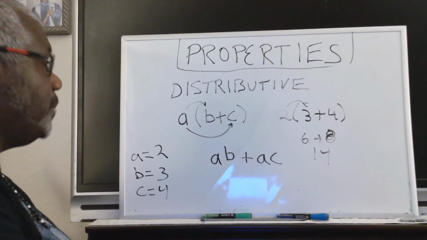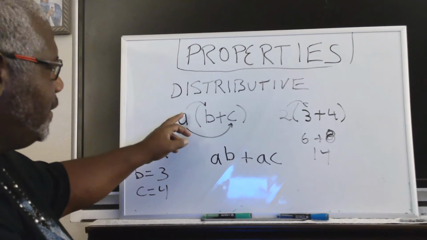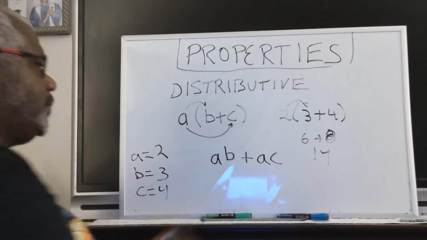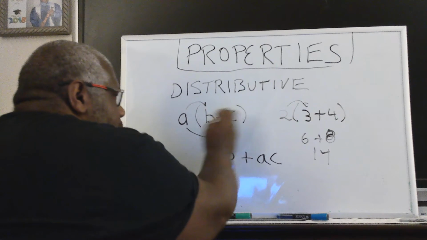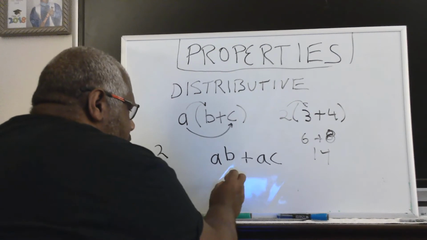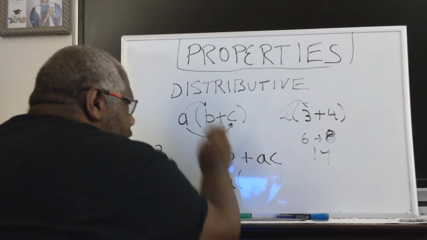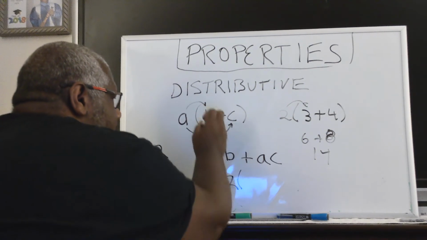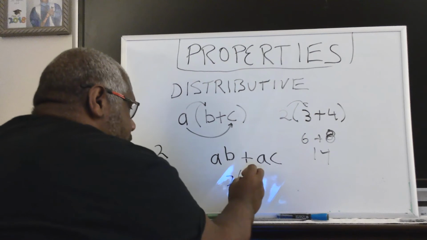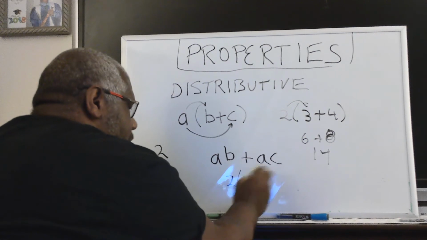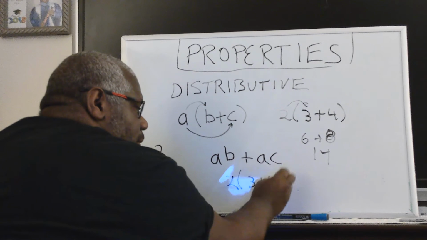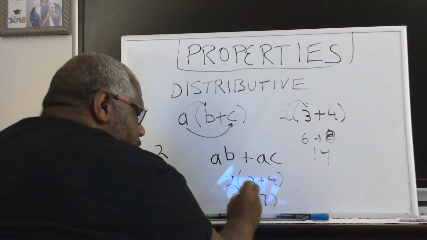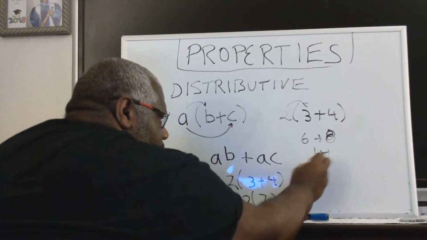The 8 looks a little funky, but you get the point. You distribute this in here. Well, what happens if we add this together? Let's add these two together. So let's go A times, if this is 2, and B is 3, and C is 4, right? We do what's in here first. 3 plus 4 is 7. And 2 times 7 equals 14.